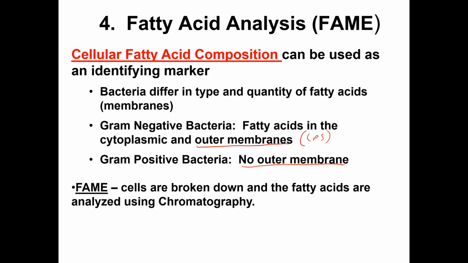And the thing about FAME is that it's kind of boring. Because in order to determine what fats are in a cell, you have to perform what's called chromatography. So for those of you folks who aren't really hardcore into chemistry, there's all sorts of different types of chromatography. But typically, chromatography seeks to do the same thing.